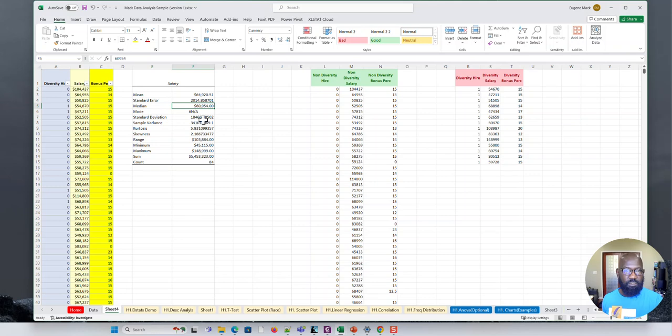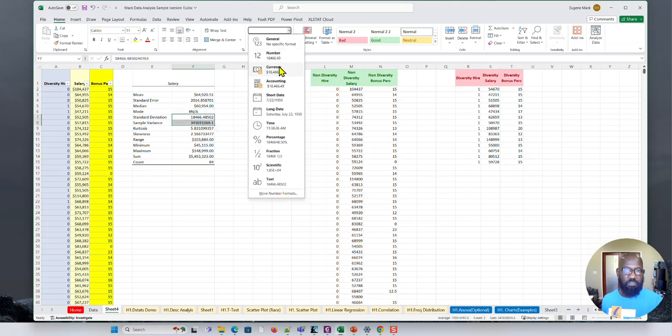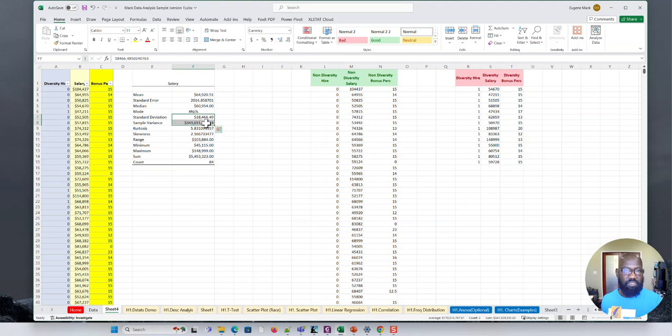Okay. The standard deviation, let's do these as well. It's $18,000 variation between all of your data points, or all of your currencies, rather, all of your salaries. And then the sample variance adds up to $341 million in variance.